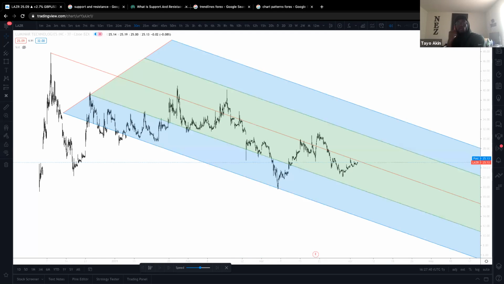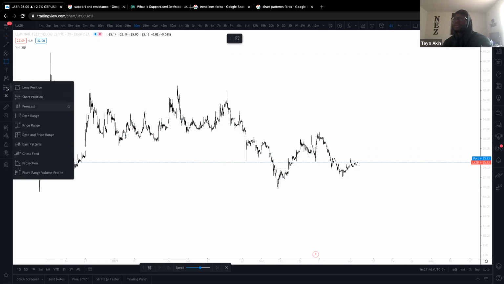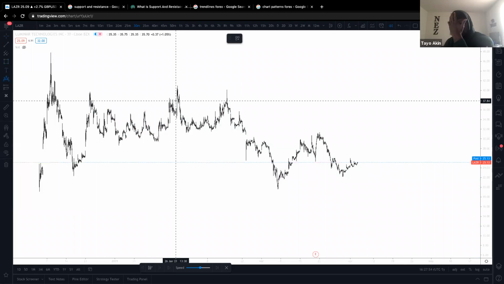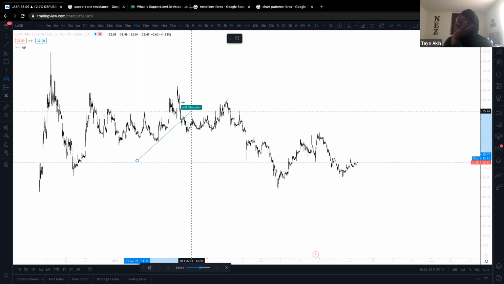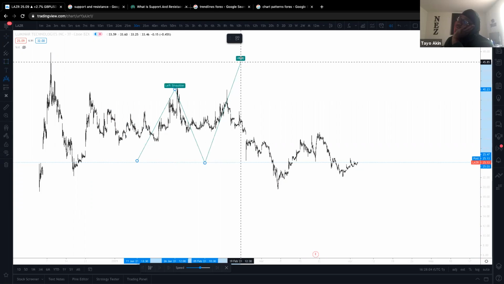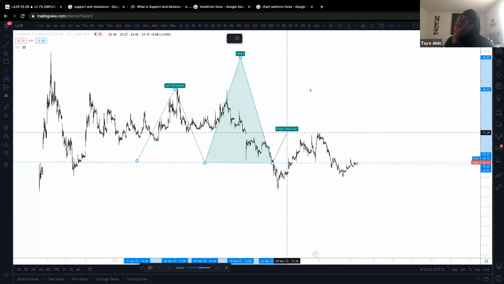And if you're not good at looking at rejection zones, I did see that little tool that can also help you with chart patterns. So let's say you're not really good at identifying your chart patterns.